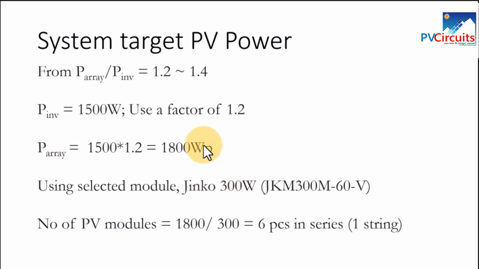So for this power, I want to use a Jinko of 300 watts of that specification, and to get the number of modules, I'll just divide the total power here by the size of the module to give me 6 pieces, and these 6 pieces I'm going to connect them in one string in series.